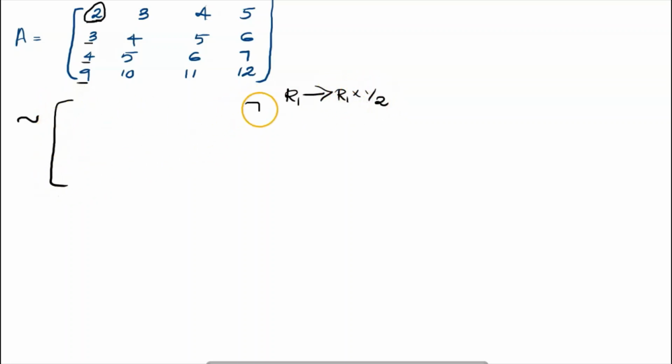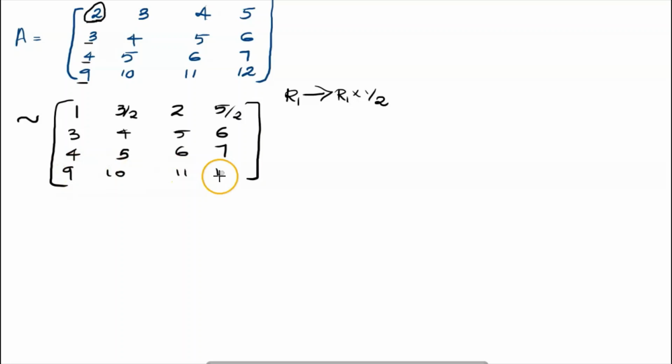So my matrix is 1, 3 by 2, 4 by 2 is 2, 5 by 2. Now I am changing R2, R3 and R4, and I want to make these entries 0.